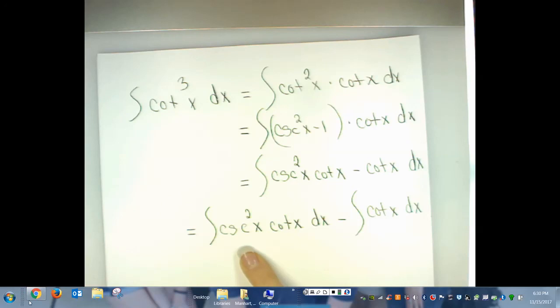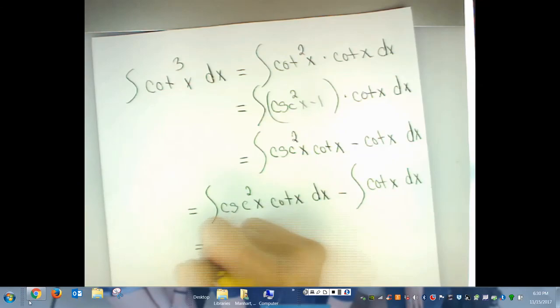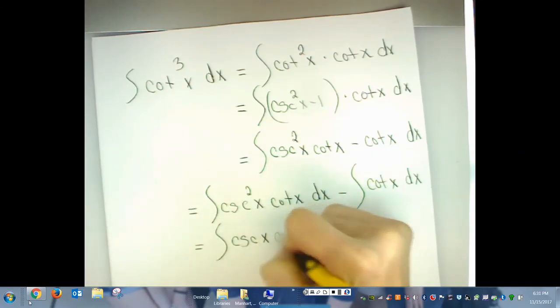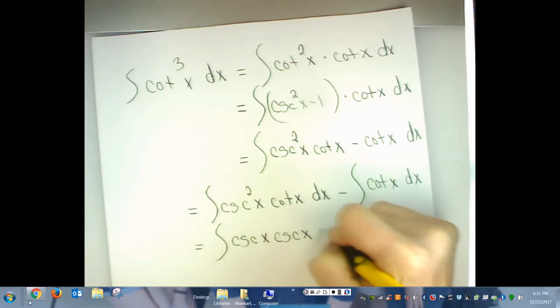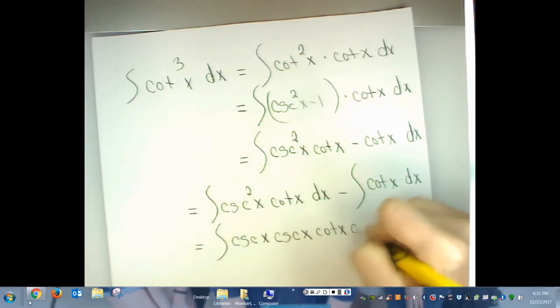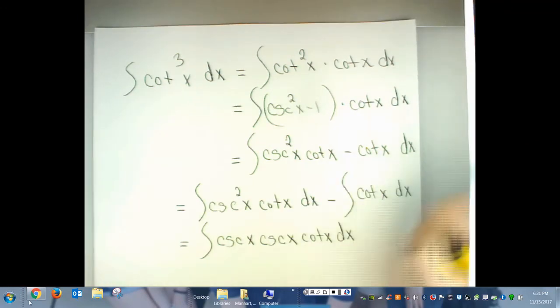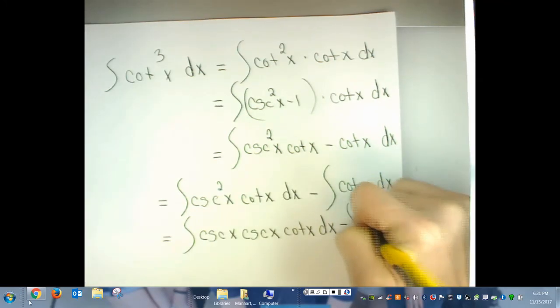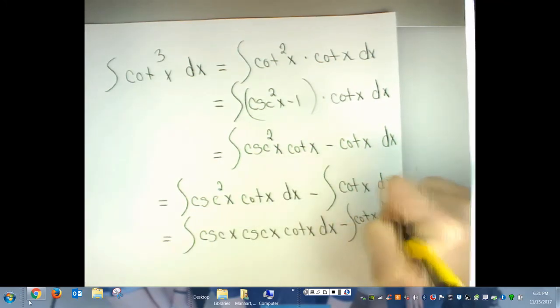The way that I'm going to explore it, I am going to let u be cosecant x. I may go back and do it the other way also. And because of room, I think I'll just bring that down.